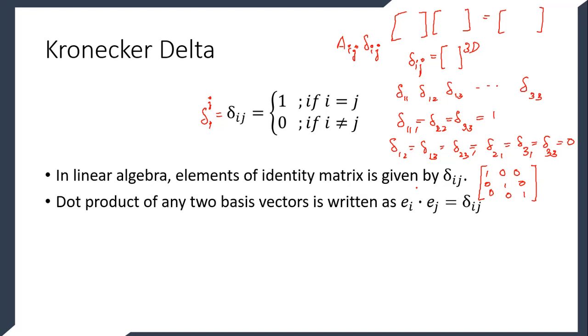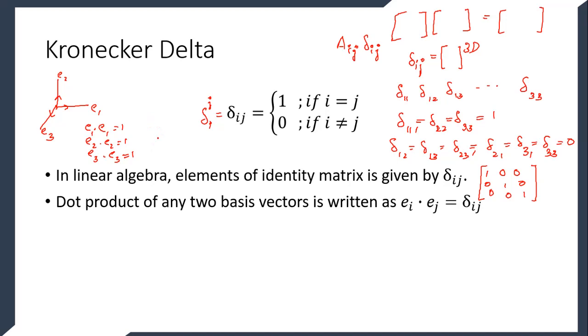The second use is that the dot product of any two vectors can be represented using delta ij. Suppose I have a three-dimensional space with unit vectors E1, E2 and E3. Then we know that E1 dot E1 gives us 1. Similarly, E2 dot E2 gives us 1 and E3 dot E3 gives us 1.